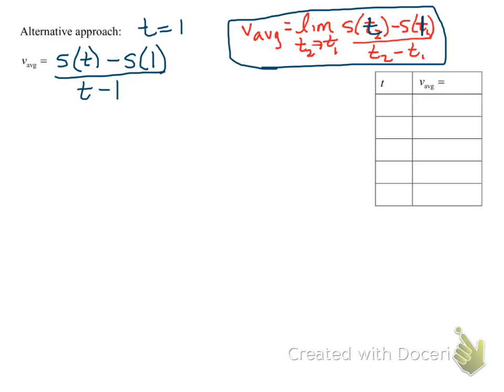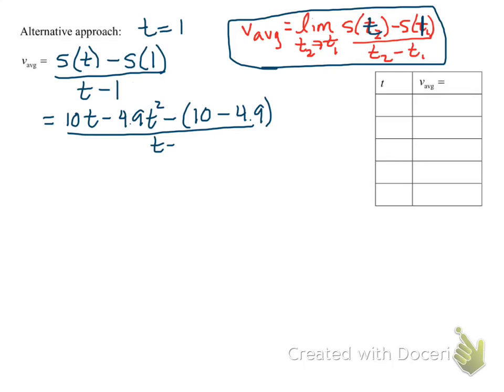t minus 1. Okay, if we do that and we plug it into our formula that we had originally, S of t, remember, was 10t minus 4.9t squared, minus, now we're plugging 1 into that formula, so 10 times 1 minus 4.9 times 1 squared, all over t minus 1.